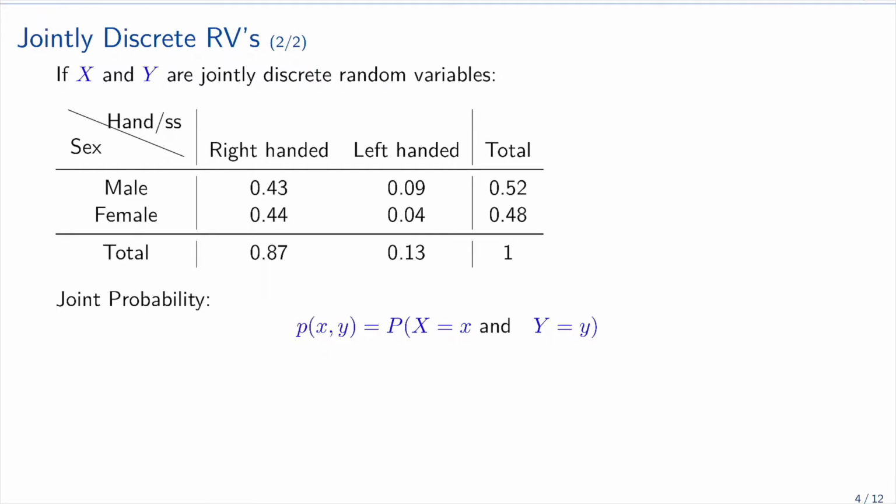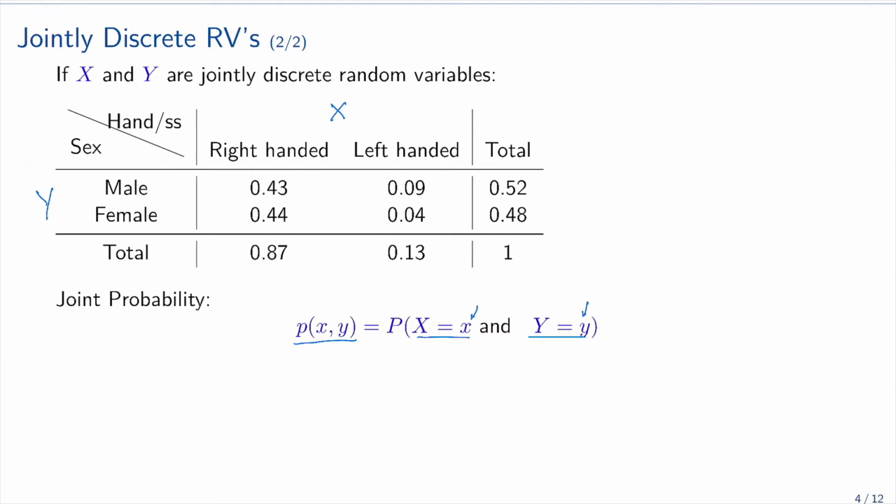Now in a more formal way, remember, this is the X and this is the Y. So the joint probability, which is the probability of the XY pair, is given by the probability of X being equal to x and Y being equal to y. The lowercase x and y represent particular values, so in this case male, female, right-handed or left-handed.